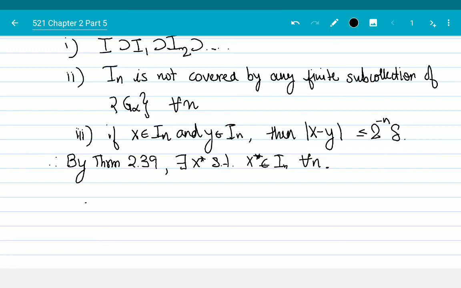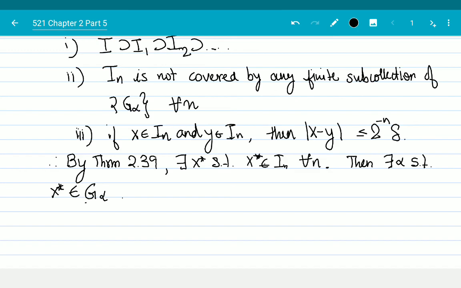Since it's exactly one point, then there exists alpha such that G alpha contains x star. So x star belongs to G alpha for this alpha, right?